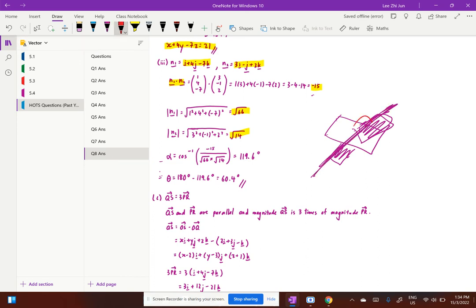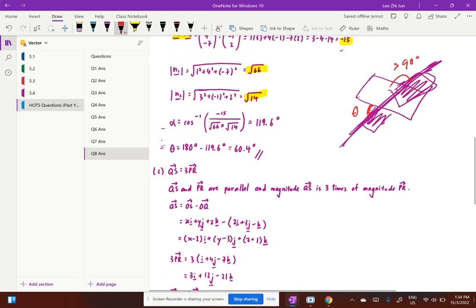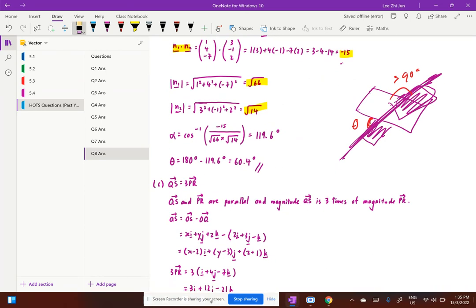When you find this is the obtuse angle, you need to find the acute angle, so you add here. Imagine that this is 3D. This question needs imagination, or you just use the theory. When you see the product is negative, you straight away know that is the obtuse angle. So you need to use 180 minus the obtuse angle, so you will get this acute angle 60.4.